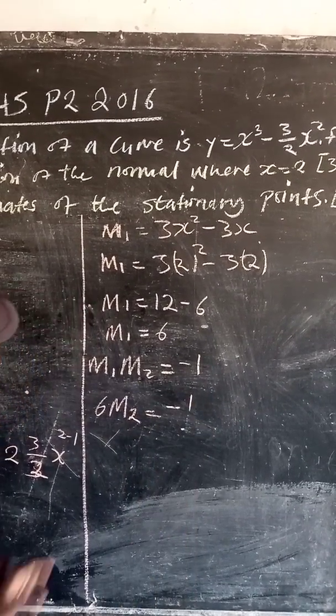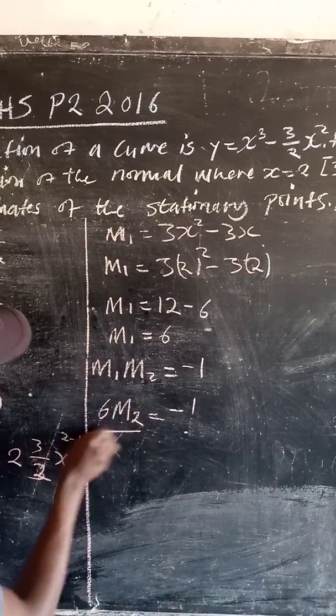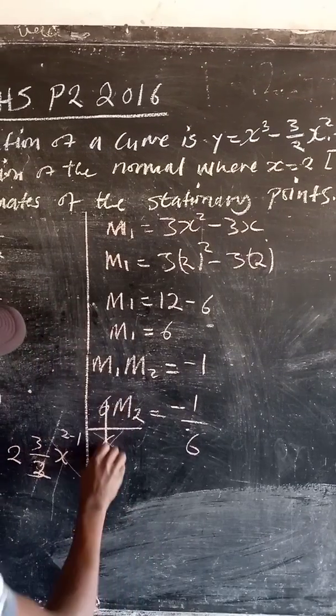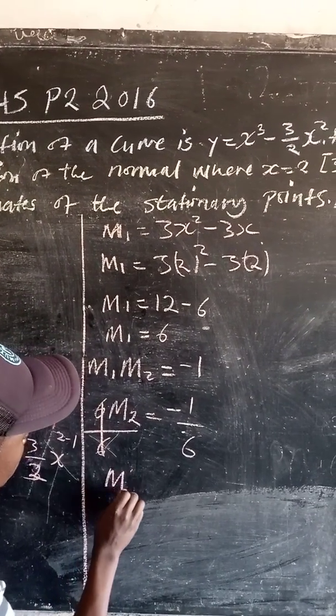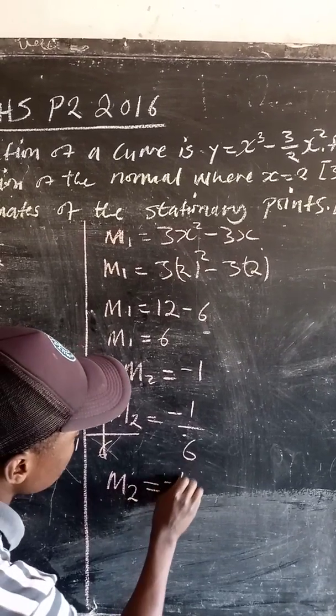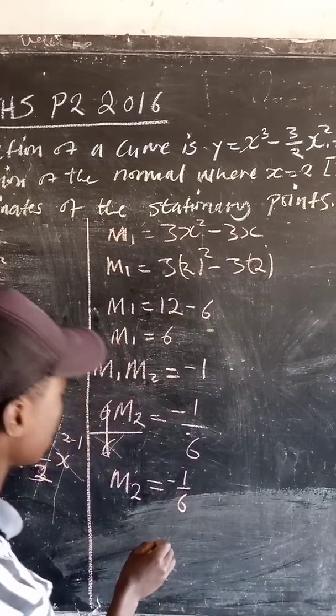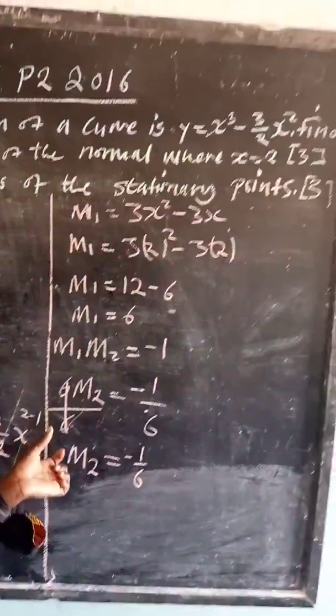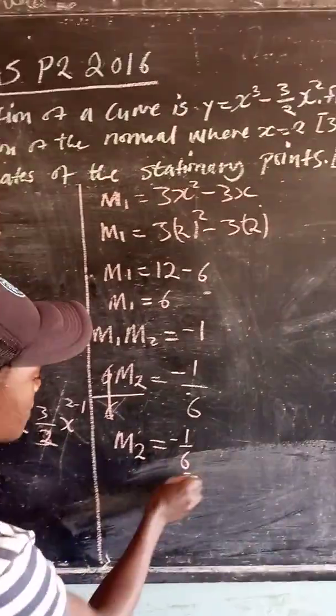Since m2 is a variable, we will divide by 6 on this side and by 6 on this side. This one cancels, we will remain with m2 is equal to -1 over 6. So this is the gradient of the normal.